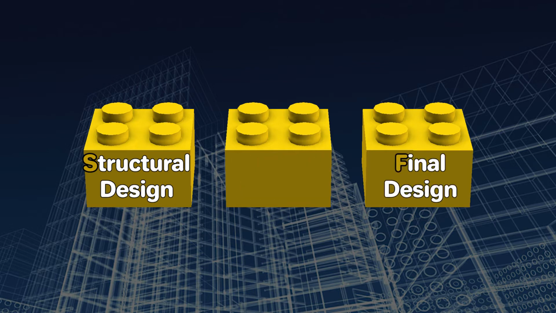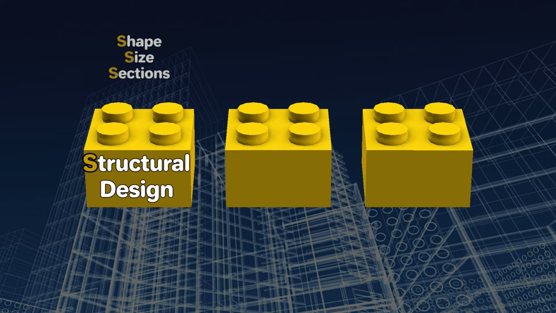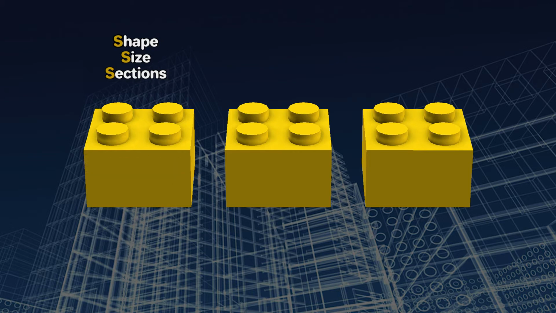Based on the previous work, we will develop the basic shape of the MOC, work out the size of the MOC, that is, its overall dimensions, work out whether the building is made out of separate sections that can be constructed separately. For a modular MOC, this will at least be the separate floors of the building, and these decisions should let me develop the rough floor plans for the different stories or levels of the building.